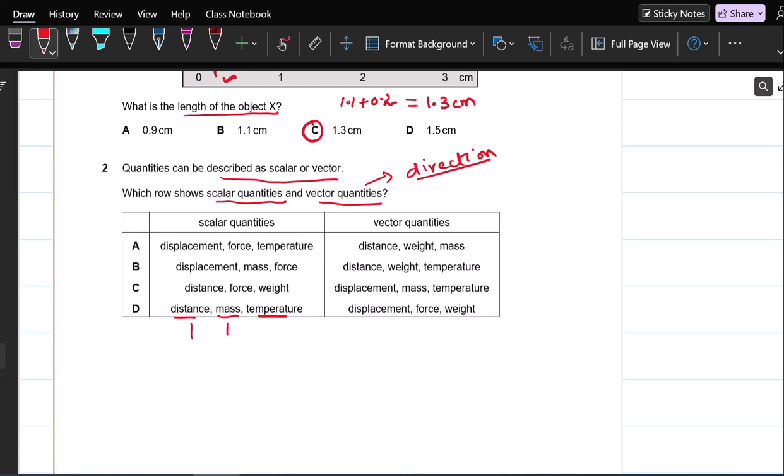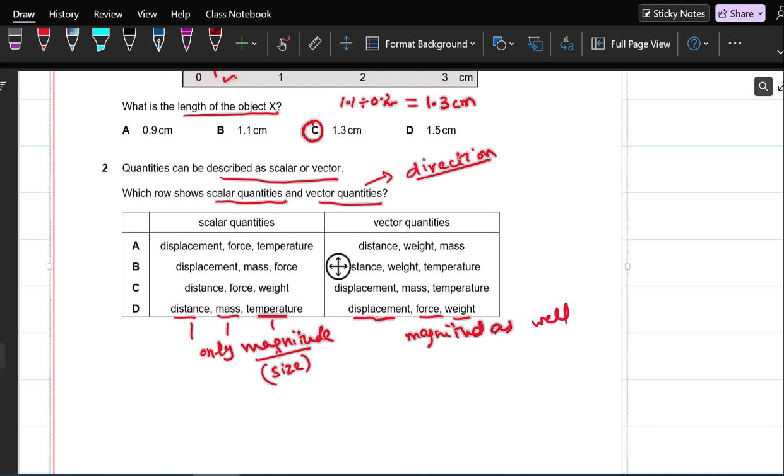They do not have any direction, they only have magnitude. Magnitude means size, value. Whereas displacement, force, weight, these three are the vector quantities. Vector quantities mean magnitude as well as direction. So D is correct.